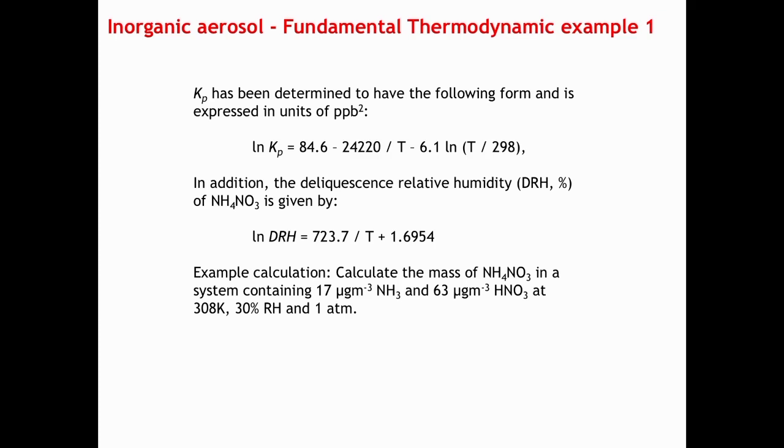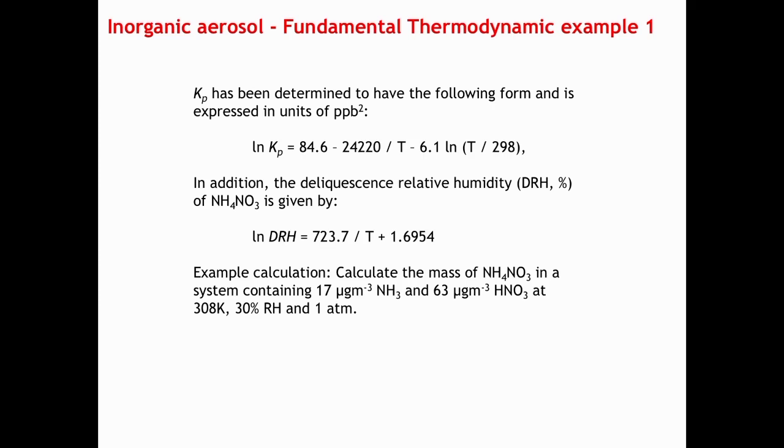There's a litre, yeah. 22.4, so it's a 1,000th. So it's this number of cubic metres. You've got 1 micromole per cubic metre of ammonia and of nitric acid.